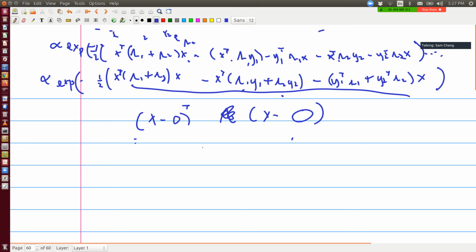Probably I need lambda 1 plus lambda 2 in the middle, because I need to get this term back. So if I have x transpose multiplied by this guy and multiplied by something here, I have x.